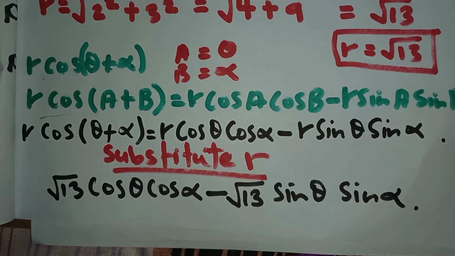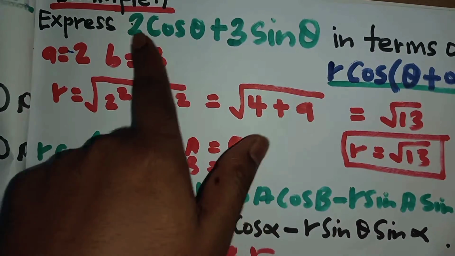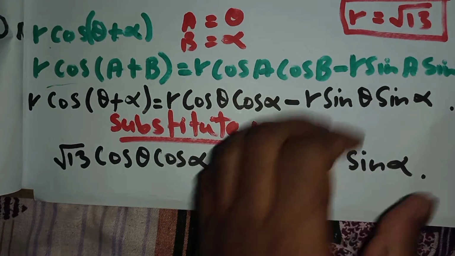Now what we are going to do, we are going to compare the sine and the cosine function, right? So we will be comparing this function with all of this, right? So that will be our next step. So we have to compare the sine and the cosine function.